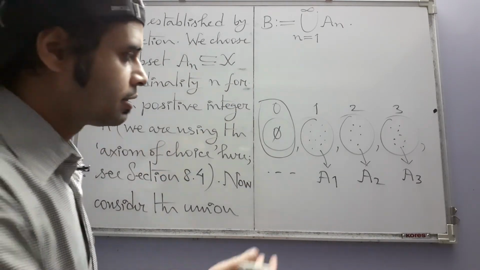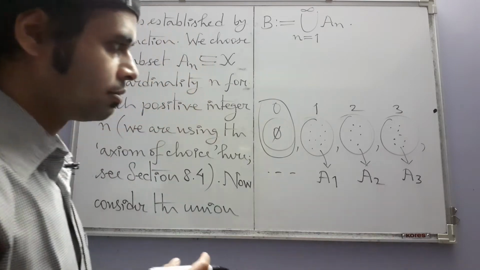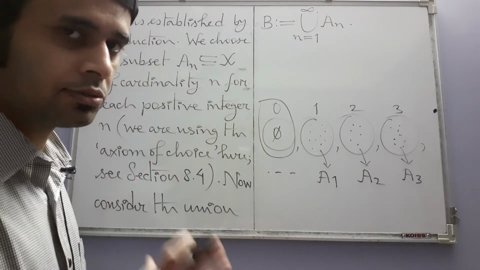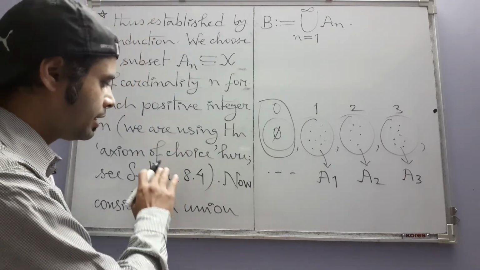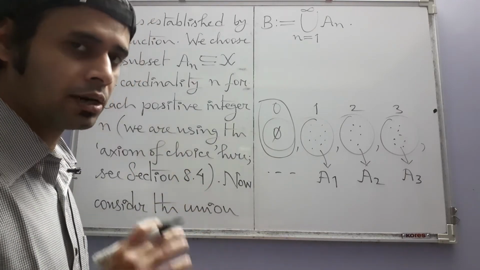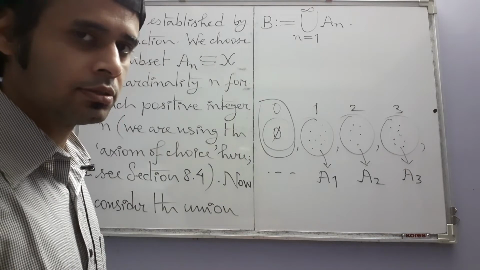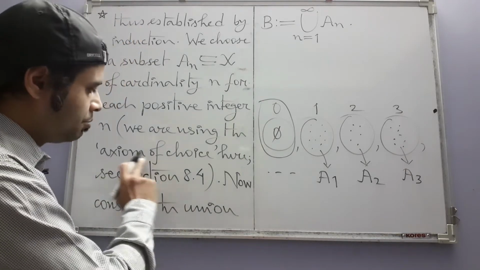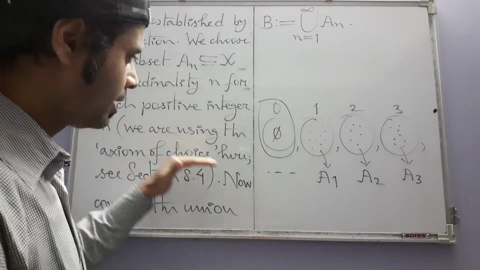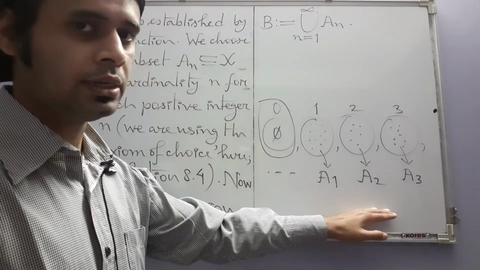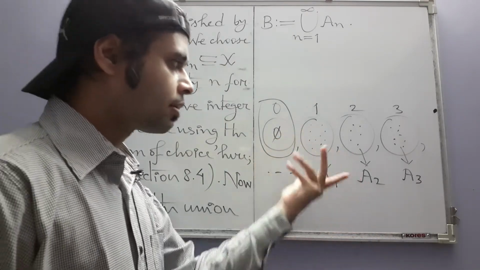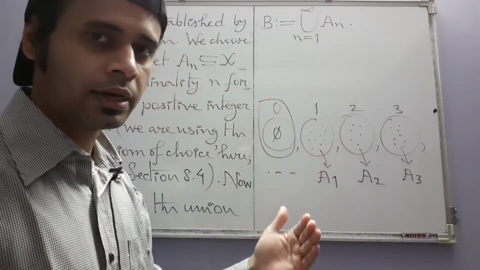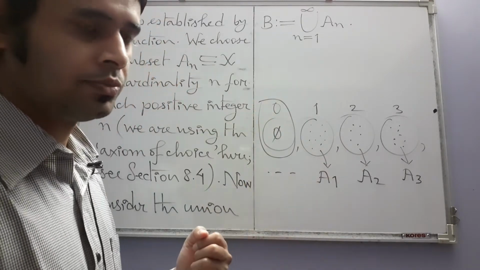It seems like something that can be done, and in fact when we introduce the axiom of choice into our set theory, we will see that it is an axiom, and we are going to assume that it is true. Why do we need to make this extra assumption? It's because this fact cannot be proved by the other axioms that we have seen so far.